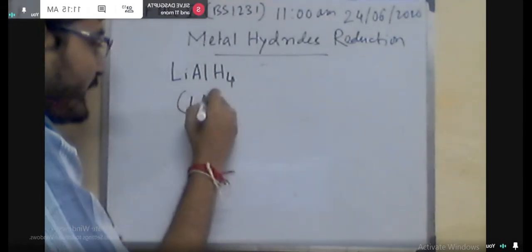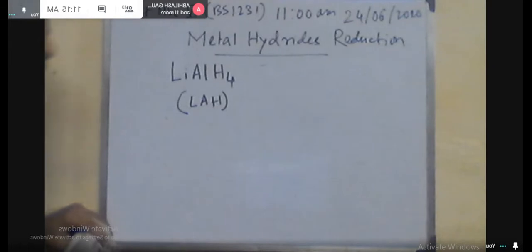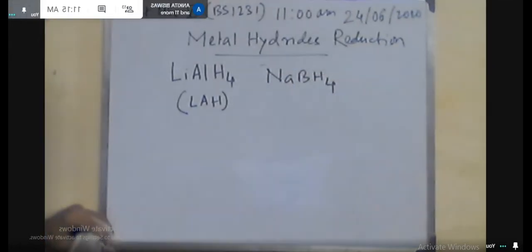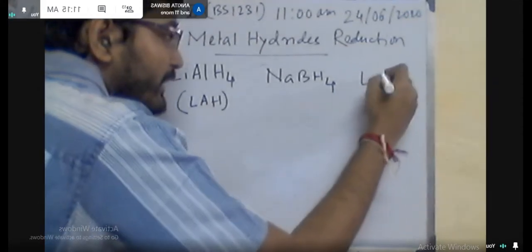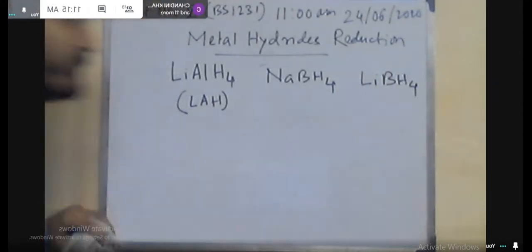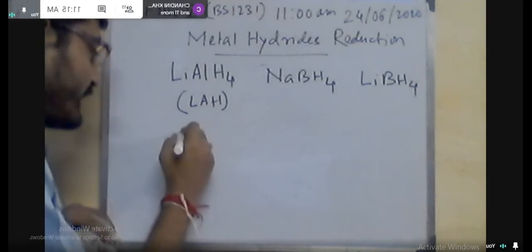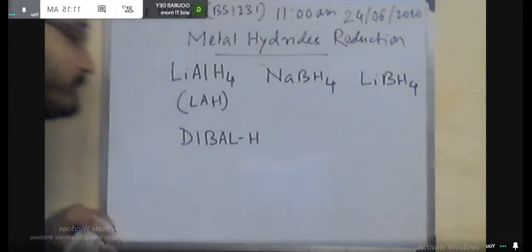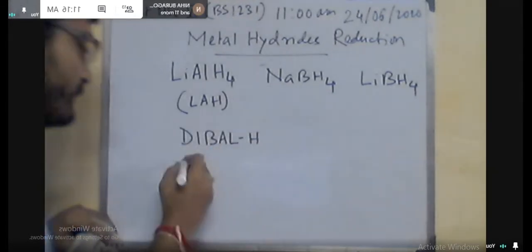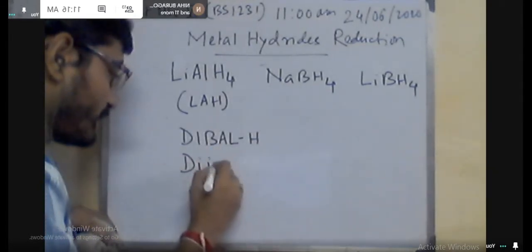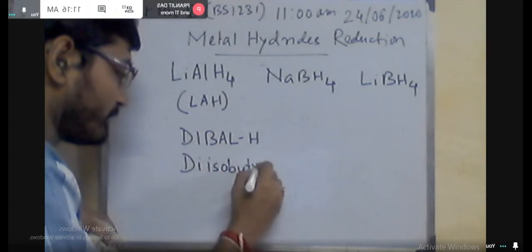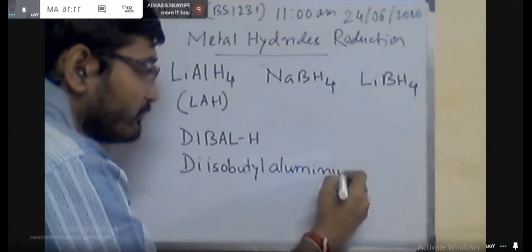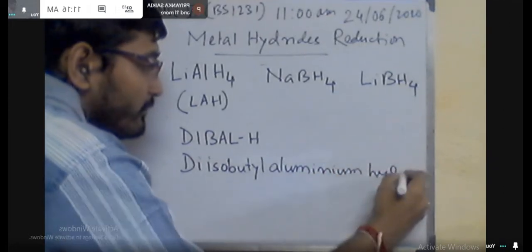Another important reducing agent is DIBAL-H, the abbreviated form of diisobutylaluminium hydride. The structure of this reducing agent is like this. This is the isobutyl group.